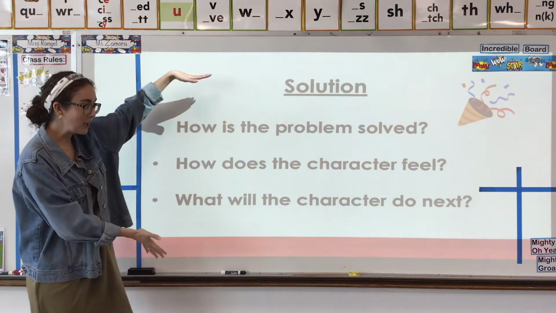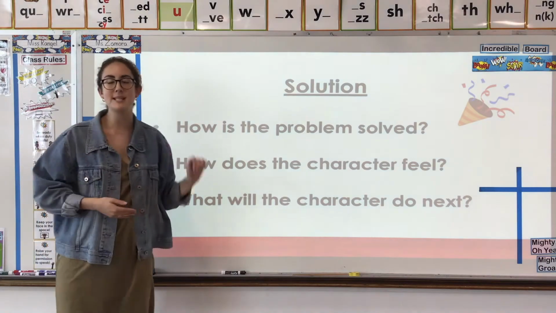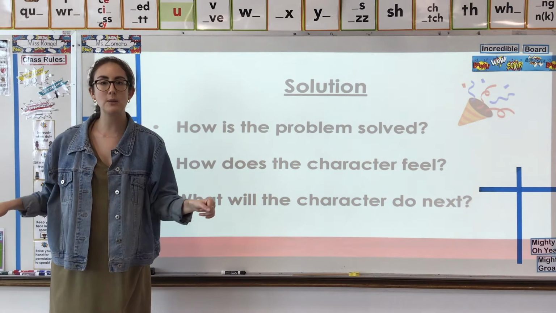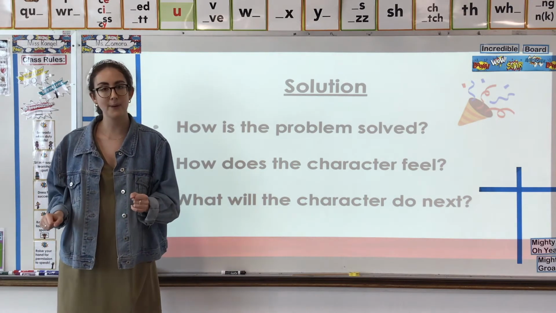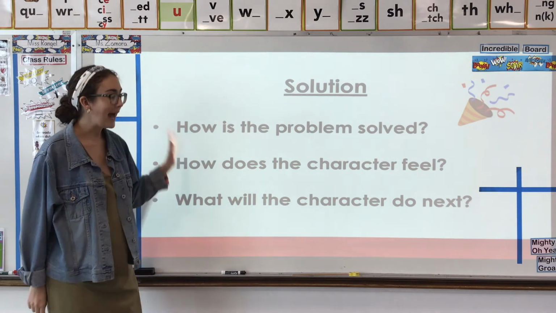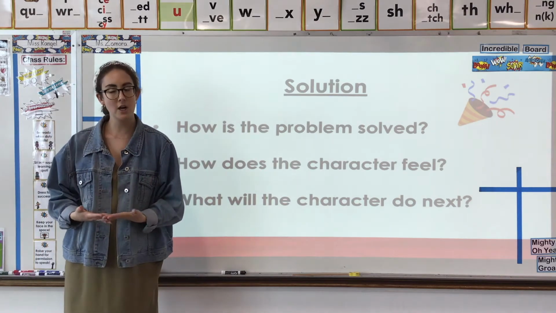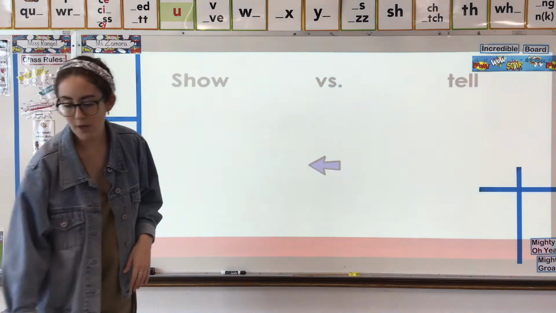So these are 3 questions, 3 important bits of information everybody's going to make sure they include in their solution paragraph.